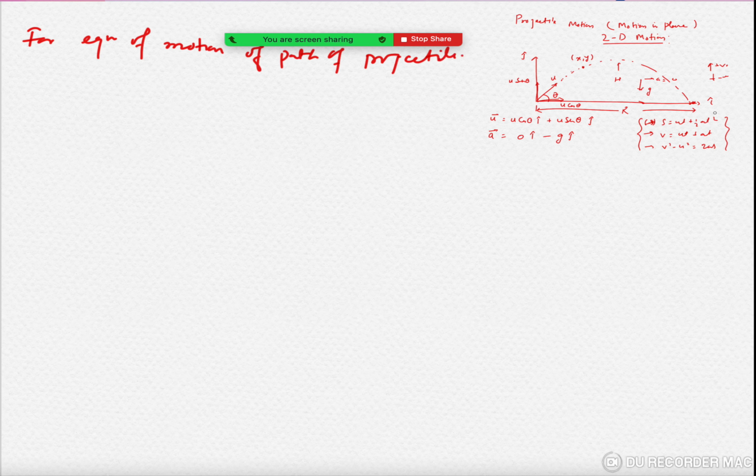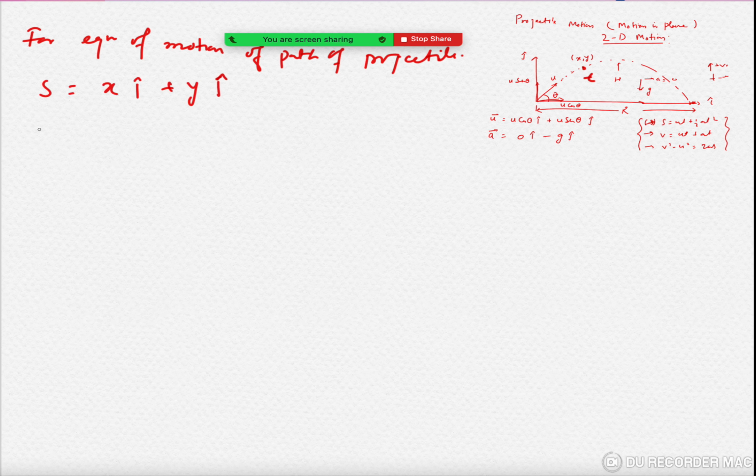If I find the equation, we can find out every point where it is, so it is easier, isn't that? So the displacement at any time t, let's say it is at x, y. So s can be written as x i plus y j.